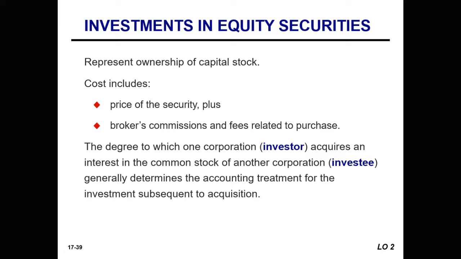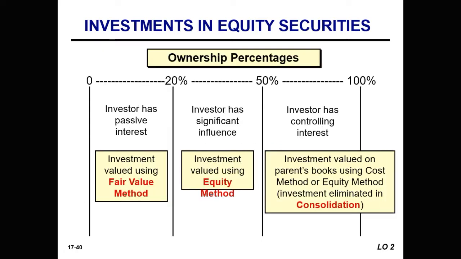This is going to define the accounting treatment for how we deal with the investment subsequent to acquisition. There are 3 levels of ownership, and those 3 levels of ownership result in different types of accounting.